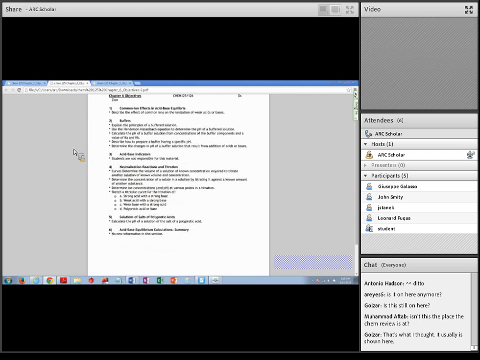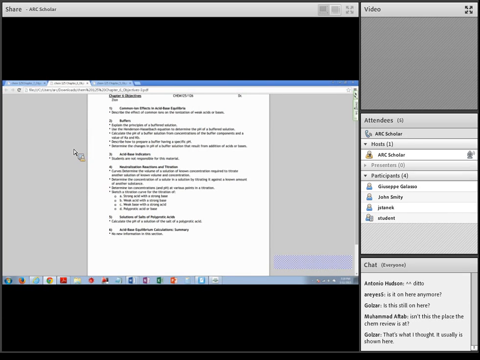All right, so buffers, the thing I'll tell you guys is as soon as you see something with buffers, just immediately go to Henderson-Hasselbalch. That's going to solve like 95% of your buffer problems, as long as you've got the concepts down.